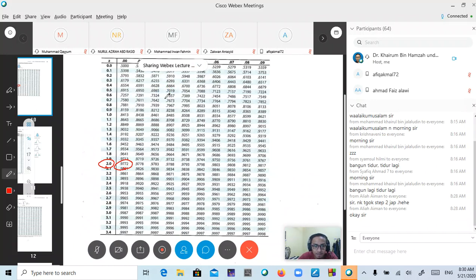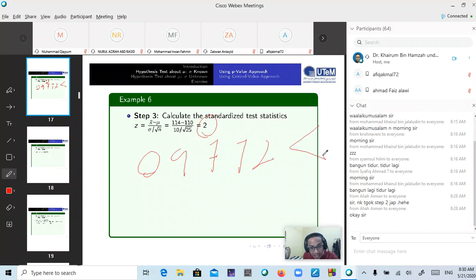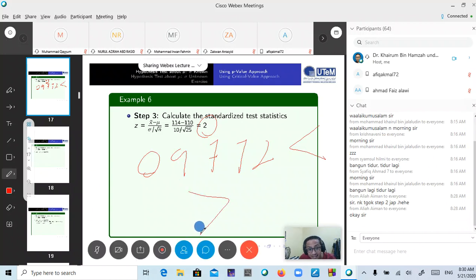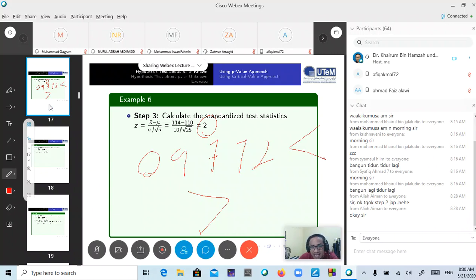So, when you refer to the table, 0.9772, remember, this value is less than. Nah, ingat tu. Ini adalah less than. Tapi, in this problem, your H1 is tail greater than. So, to get the value of P, awak kena buat 1 minus 0.9772.